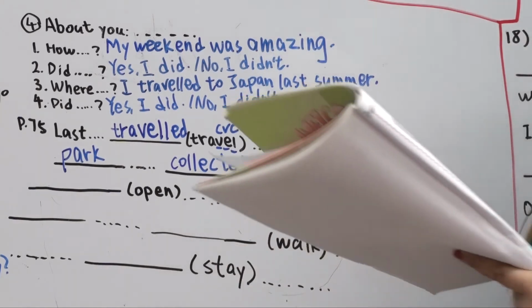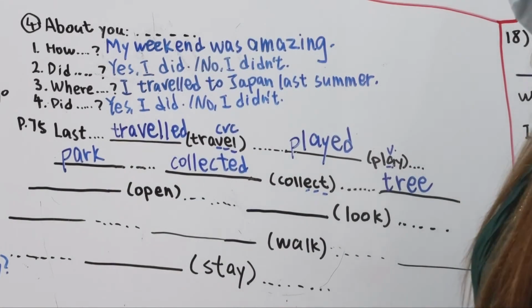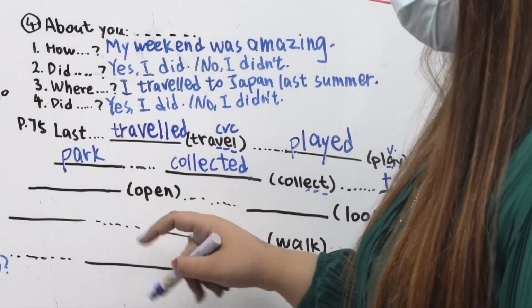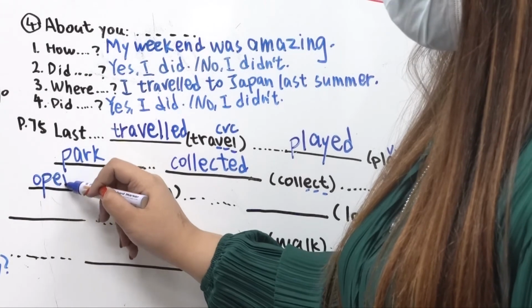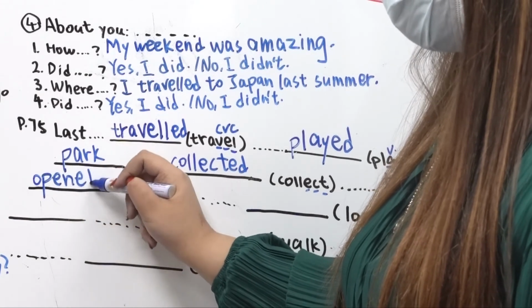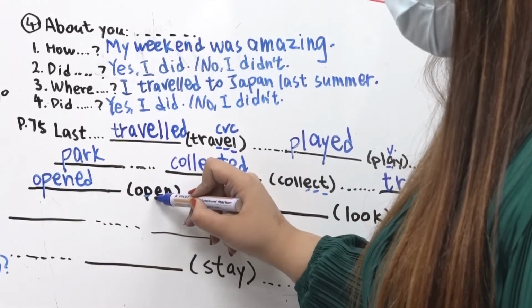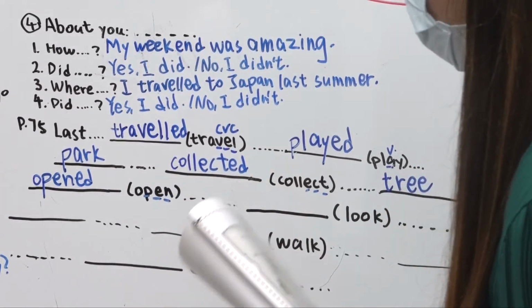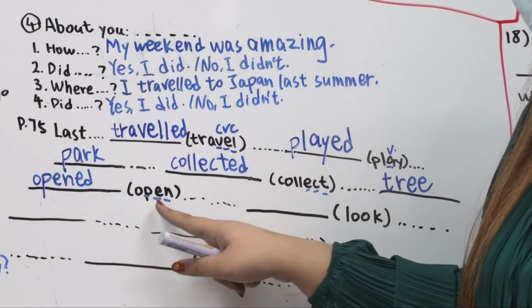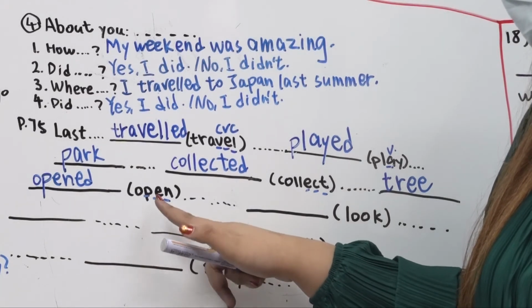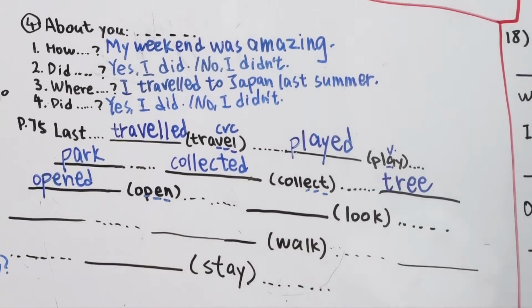Open. Alright, so you have a question in mind. Open, right? Open. The correct answer is just add ed. It is a consonant, vowel, consonant word, right? But with this verb, the CVC, alright, the sound here has no stress.